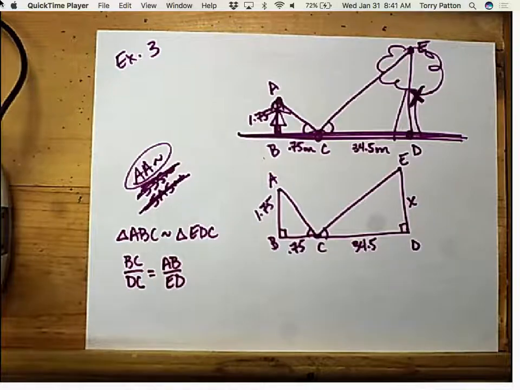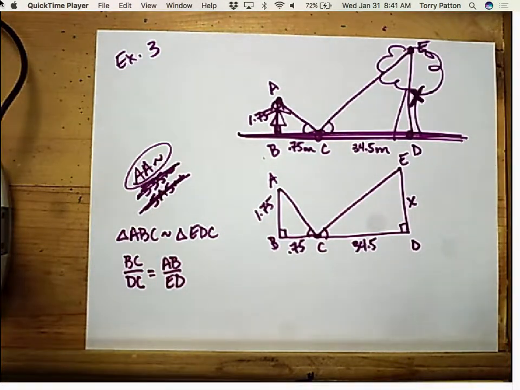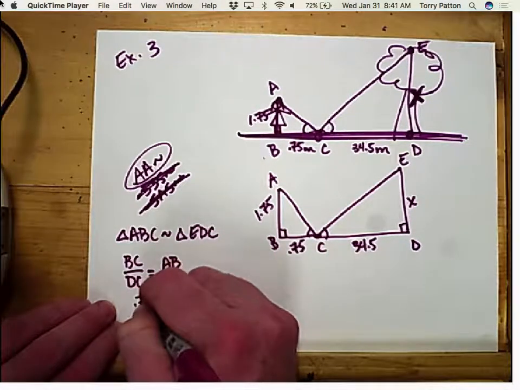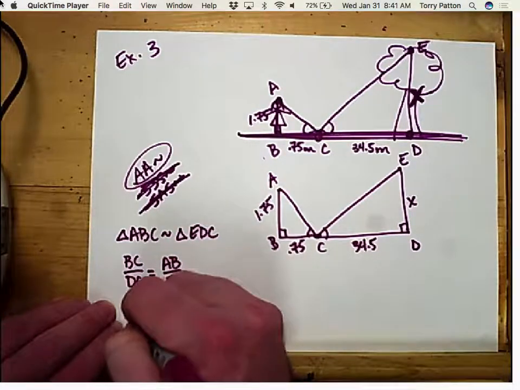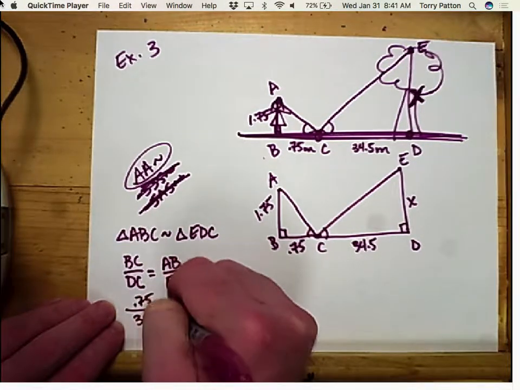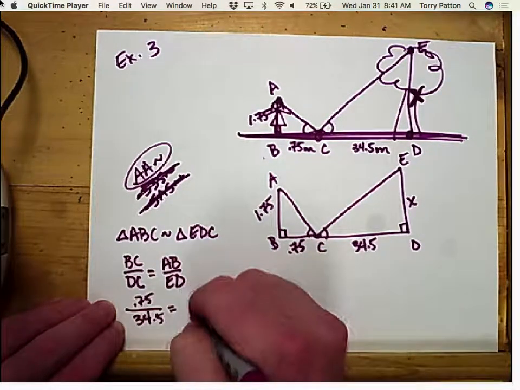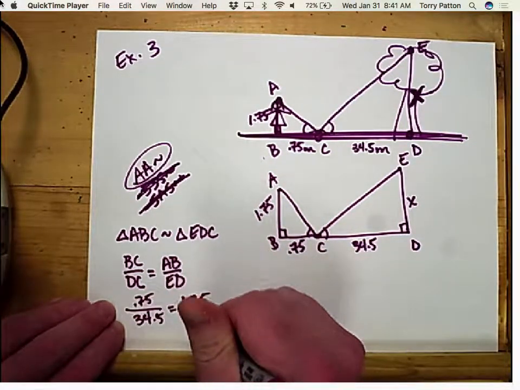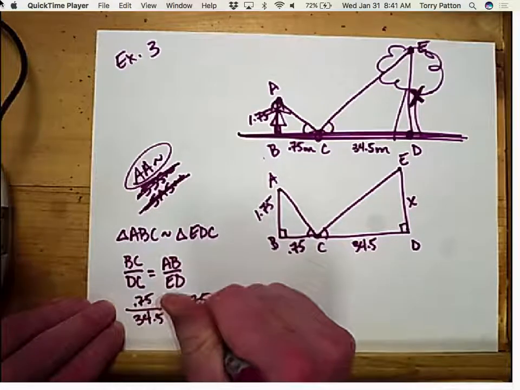Okay? I do not know what is going on with the projector. Okay. All right, so BC is 0.75 over DC is 34.5 equals AB is 1.75 over ED is X.